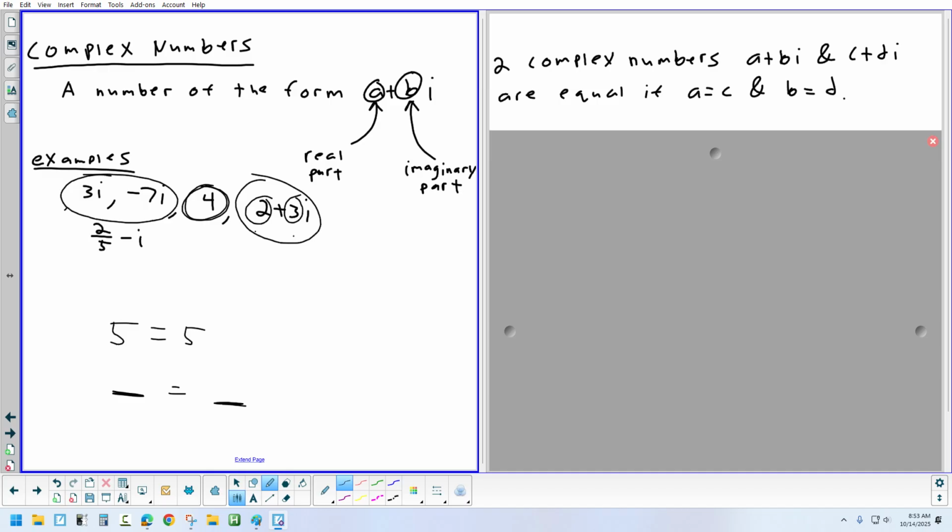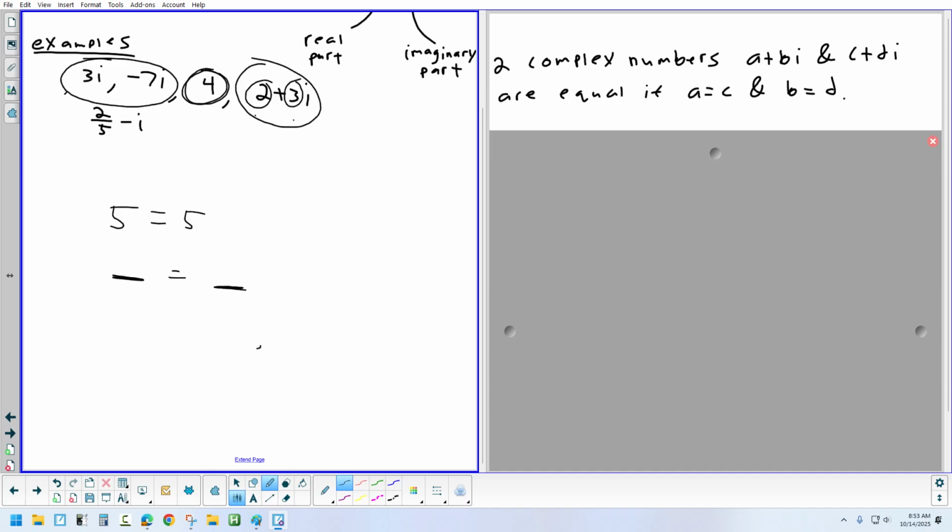When you want to know if complex numbers are equal, there are two things you have to compare. You'd have a real part, could be a plus or a minus, and then an imaginary part. And then you'd have another number over here, a real part, plus or minus, an imaginary part.